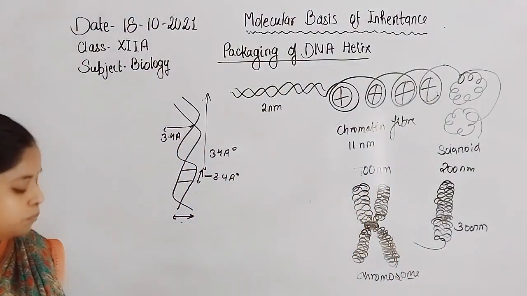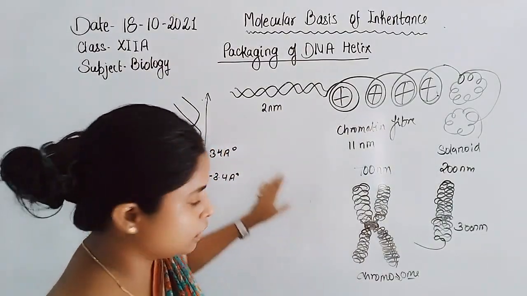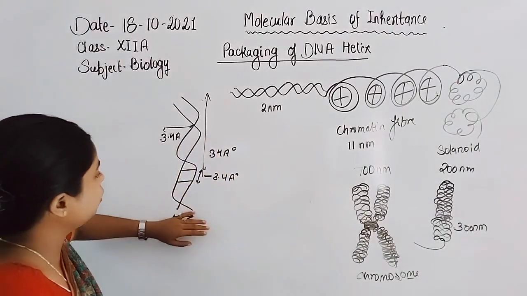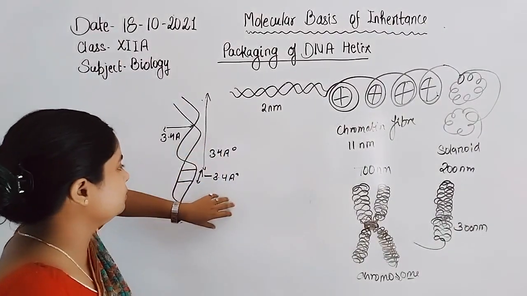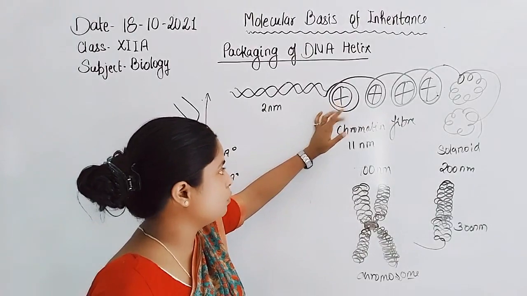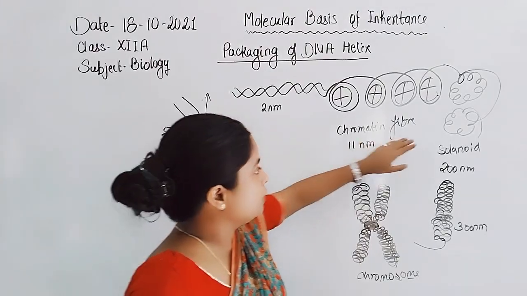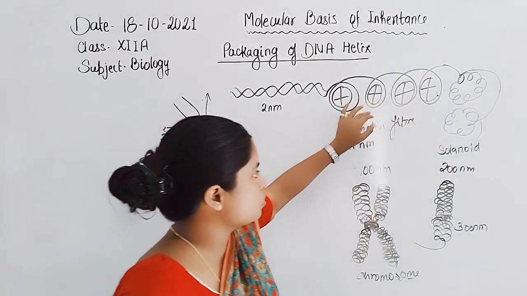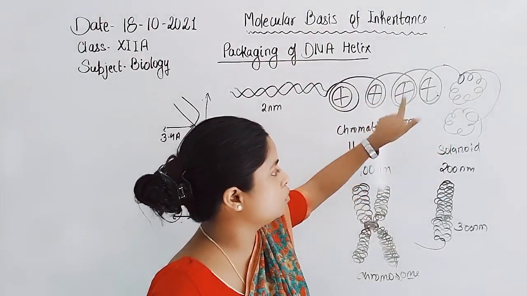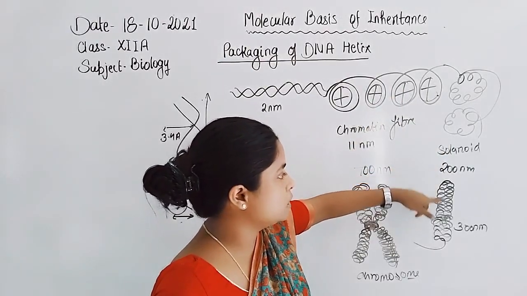So how does the supercoiling of DNA happen during the conversion of DNA to chromosome? The diameter of DNA is about 2 nanometer. When it is coiled or wrapped over the histone protein, it converts into the 11 nanometer chromatin fiber, also known as nucleosome. The nucleosome undergoes supercoiling to form the solenoid, with a diameter of about 200 nanometer.